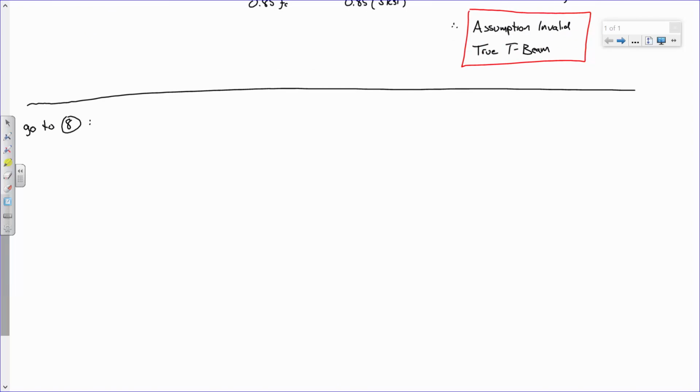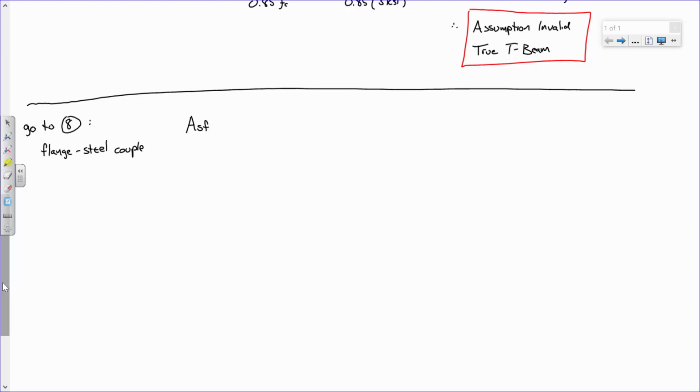We start off with the flange couple, or the flange steel couple. All right? And so what we do with the flange steel couple is we compute two quantities. We compute ASF and we compute MNF.